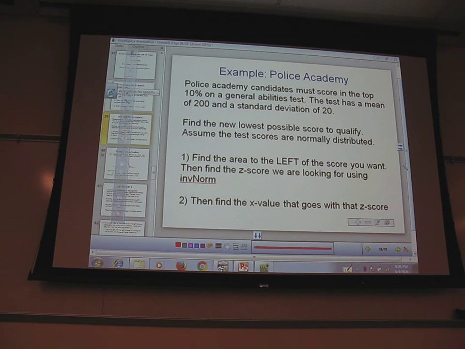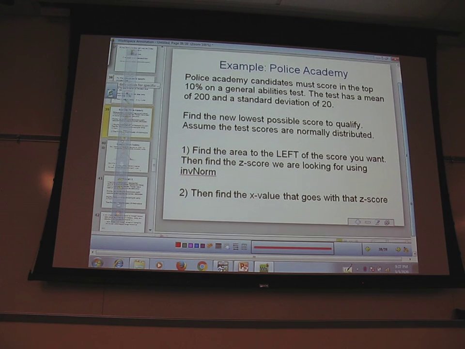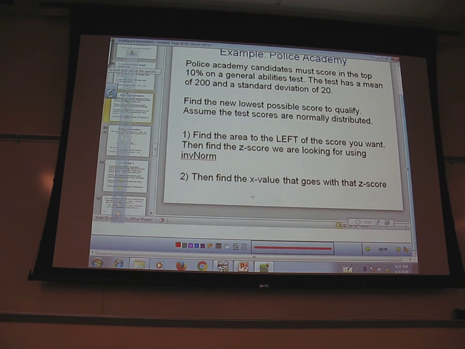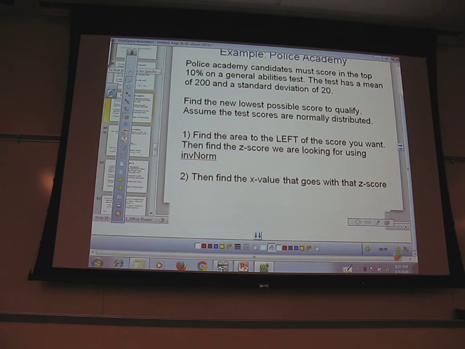The test has a mean of 200 and a standard deviation of 20. Find the lowest possible score to qualify. Assume the test scores are normally distributed. 1. Find the area to the left of the score you want. Then find the z-score we are looking for using inverse norm. 2. Then find the x value that goes with that z-score.